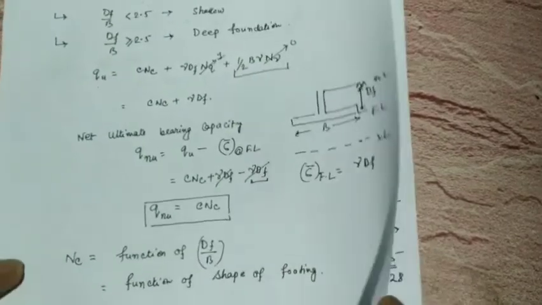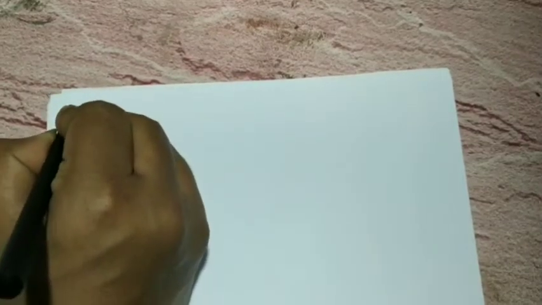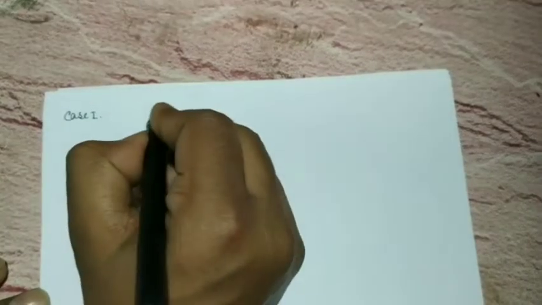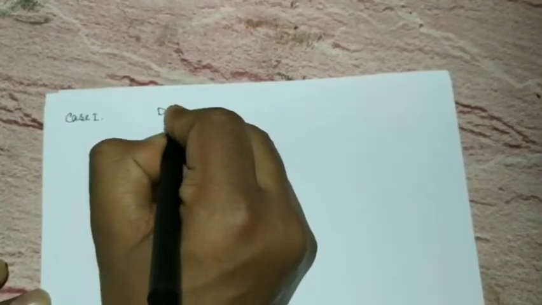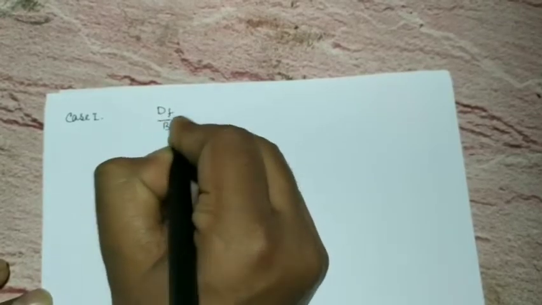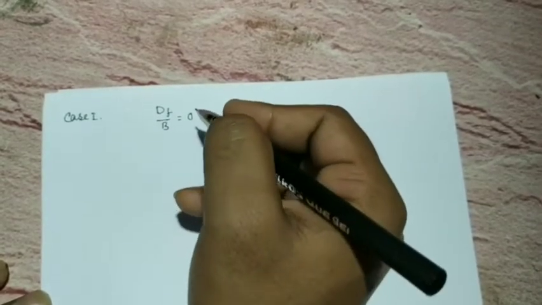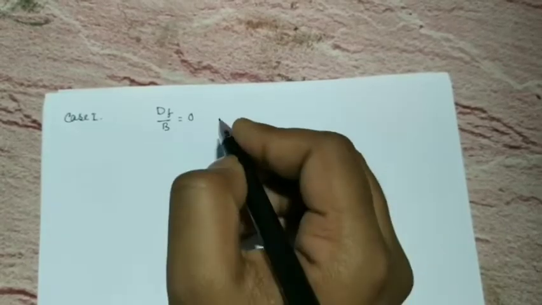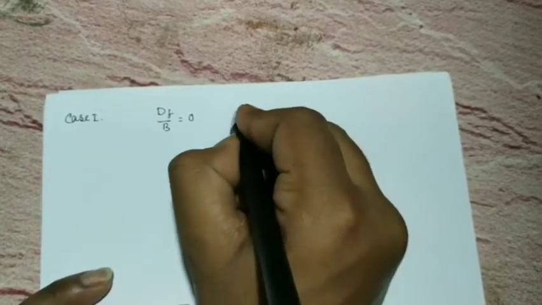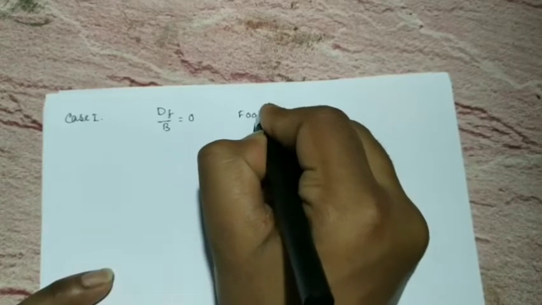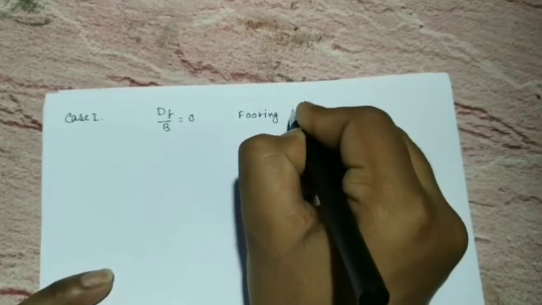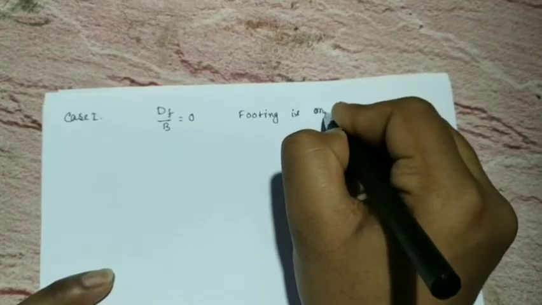Now look at the value of Nc as per Skempton. Case 1: when D by B is 0, that means the footing is on the ground surface.